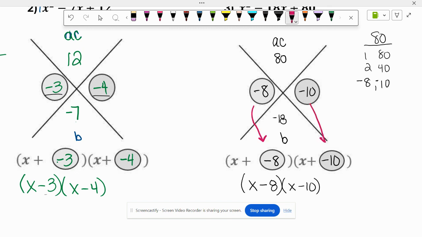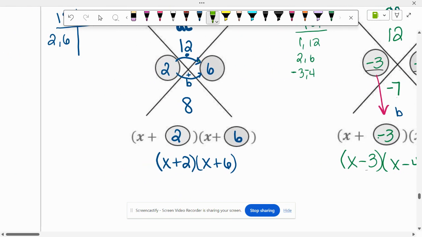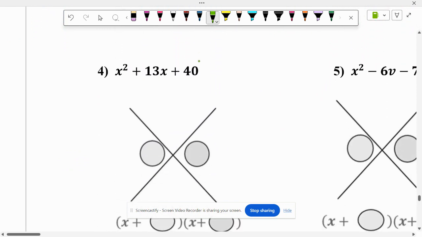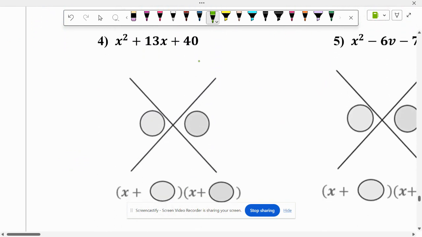Do you guys see what's happening here? Do you see that the numbers that you choose are going right into these boxes or these little ovals? Does that make sense? Okay. So let's try the next one, number 4. What am I looking for in the top of the x? 40. A times C is 40. What am I looking for in the bottom of the x? 13.